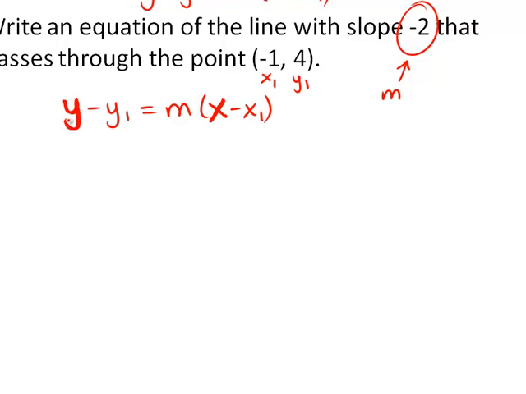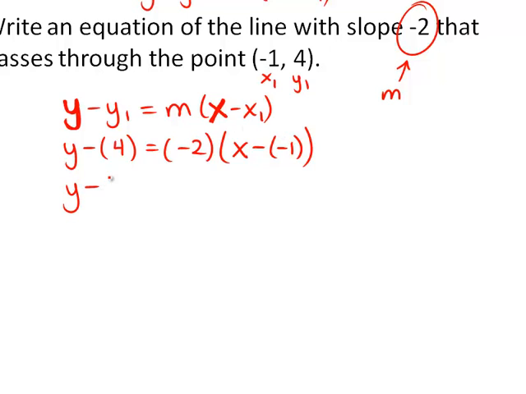So let's take our formula and replace those values accordingly. Notice that we're going to leave x and y alone. y1 is 4, m is -2, x1 is -1. Notice I'm opening little brackets to evaluate and replace any of the variables. So we've got y minus 4 equals -2 times x plus 1.